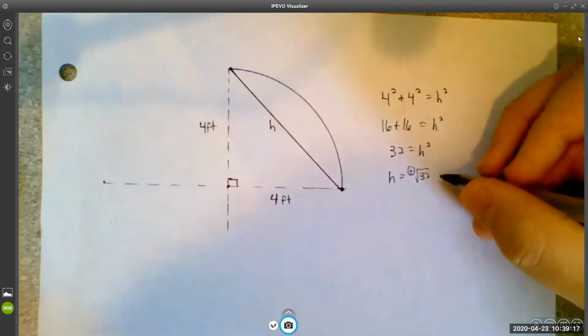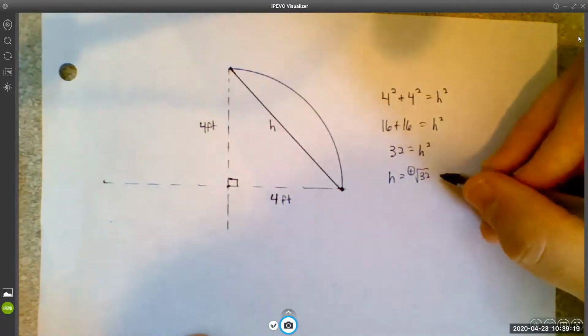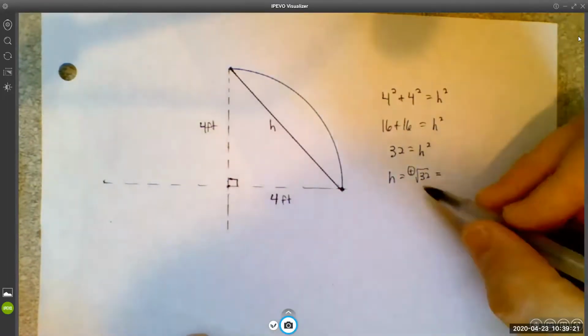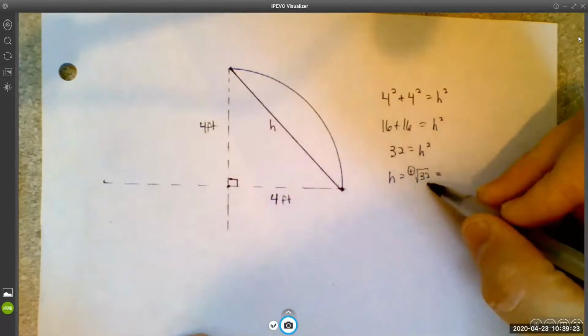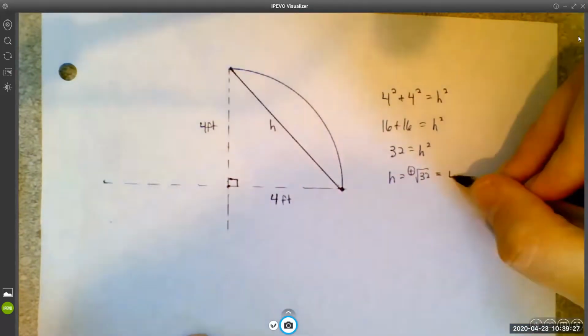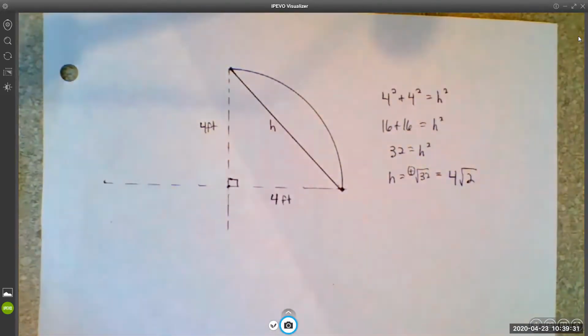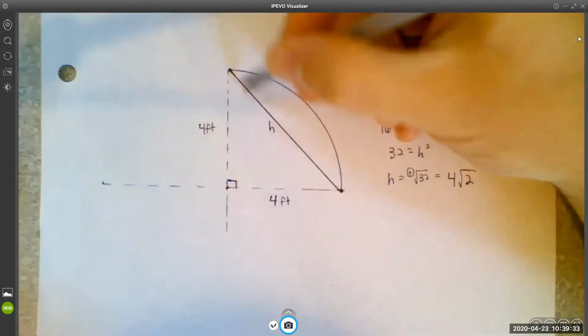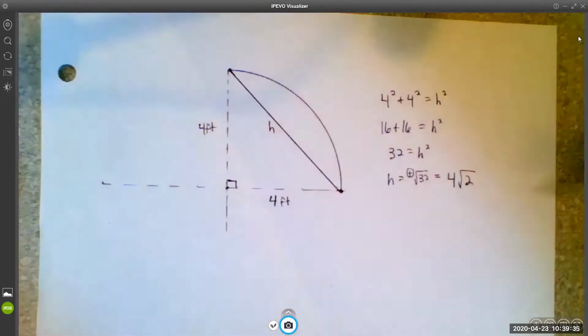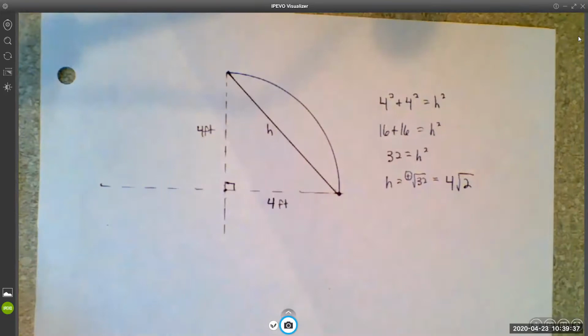But for those of you who do remember how to simplify radicals, you know that 32 is 16 times 2, and the square root of 16 is 4, so this is really the same thing as 4 root 2. So that's the length of that line right there. I'm not going to change it into a decimal just yet because I want to get an exact answer first, and then I'll change everything into a decimal later on.